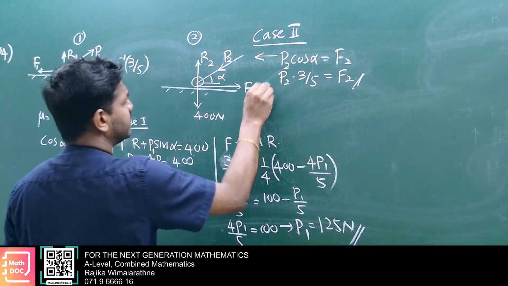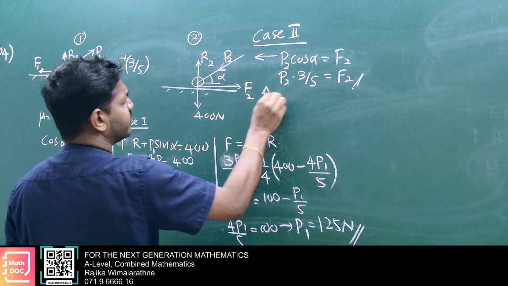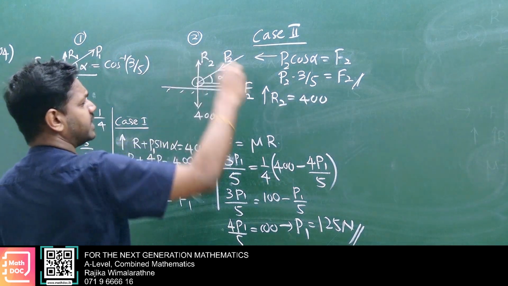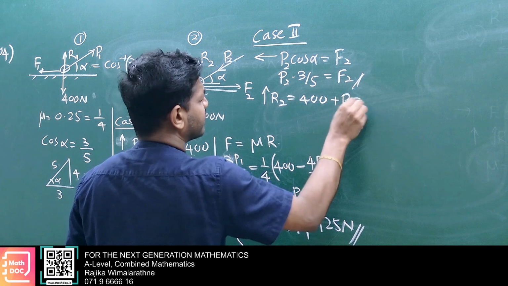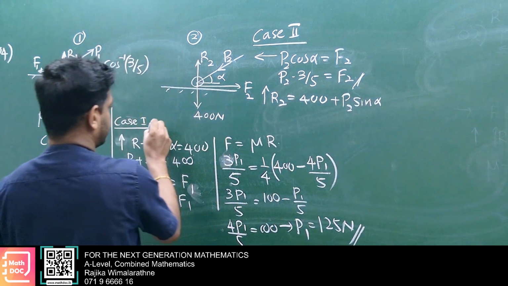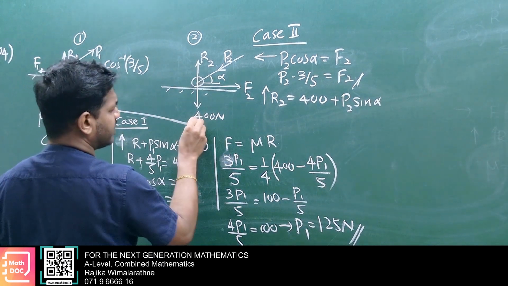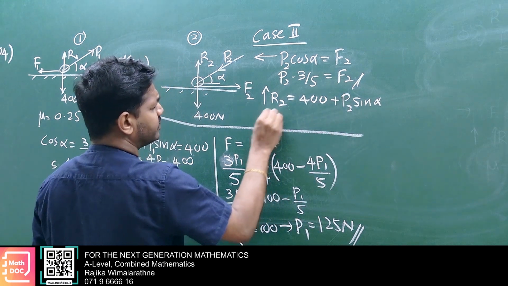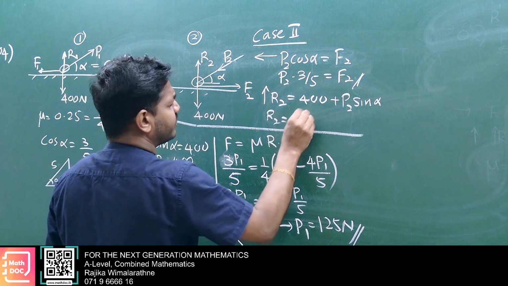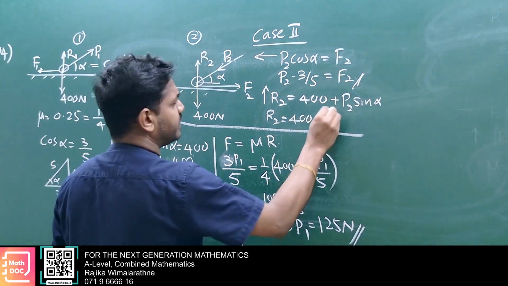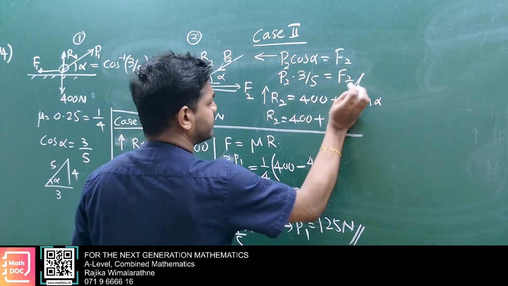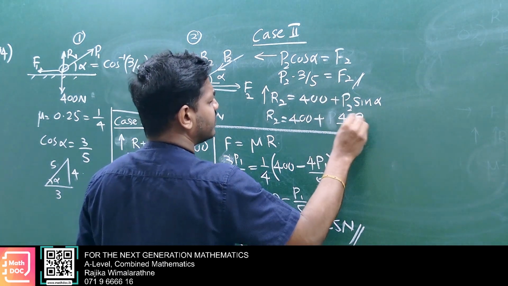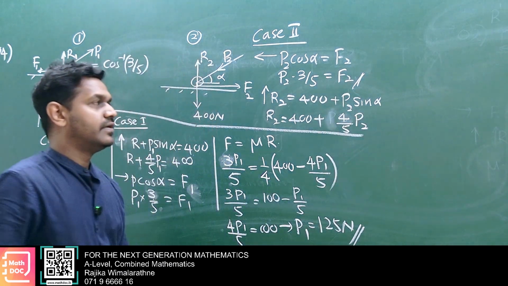Vertical force: R2 equals 400 plus P2 sin alpha, with sin alpha 4/5. Yeah, that was case 1, okay.